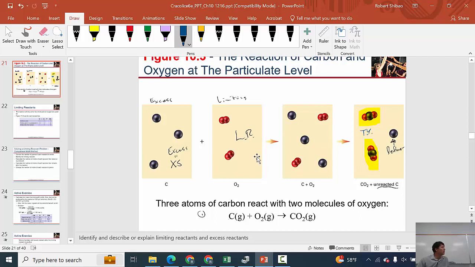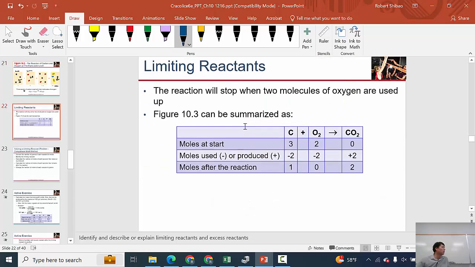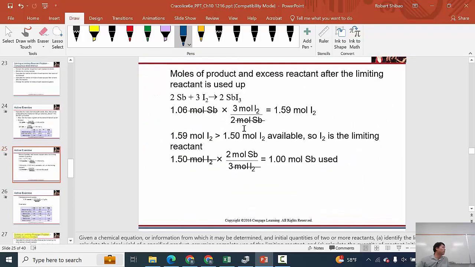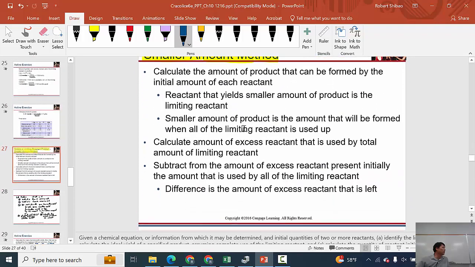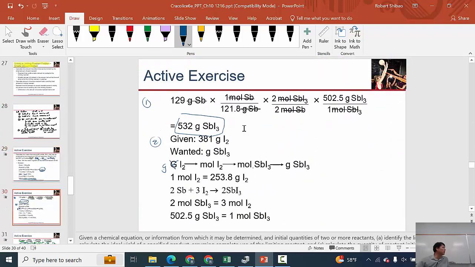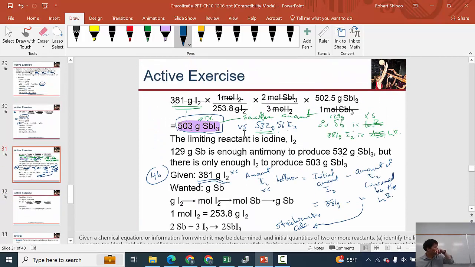The amount consumed by the limiting reagent was 2 frames. And so 3 minus 2 gives us 1 frame left over. And so that's what we're going to do here, except we need to do it in grams, and therefore we have to do it using stoichiometry.